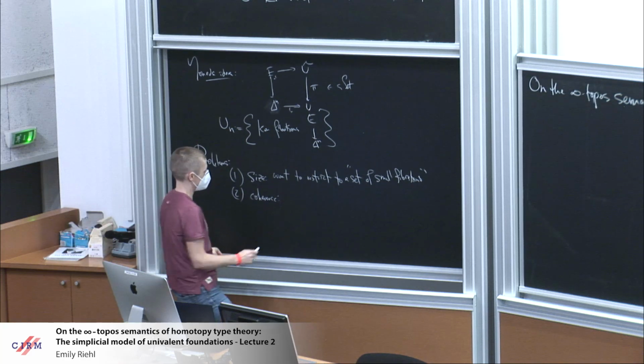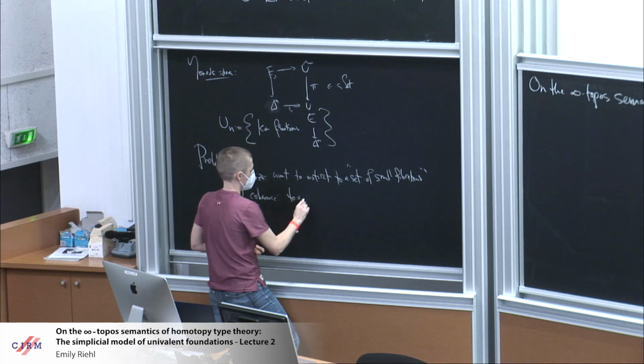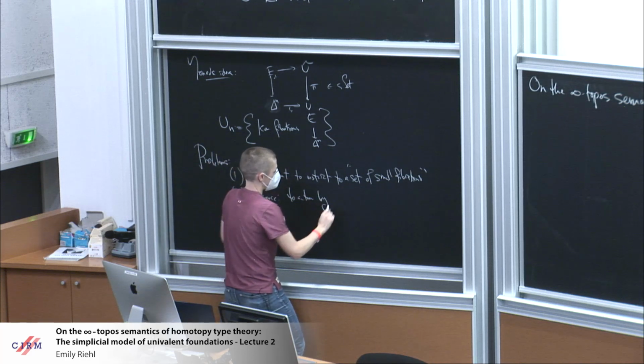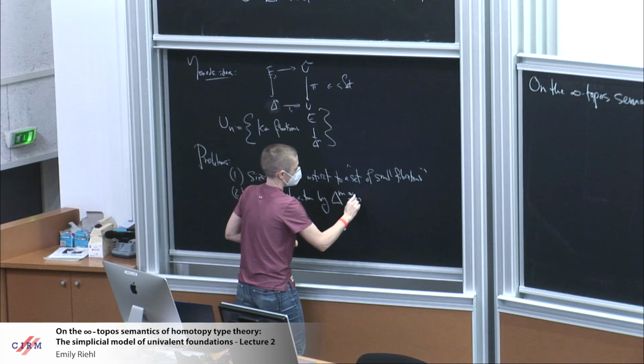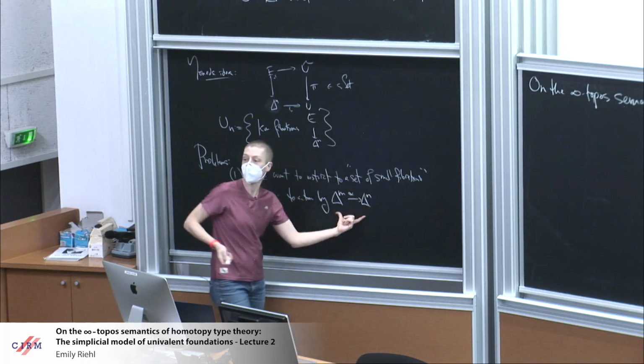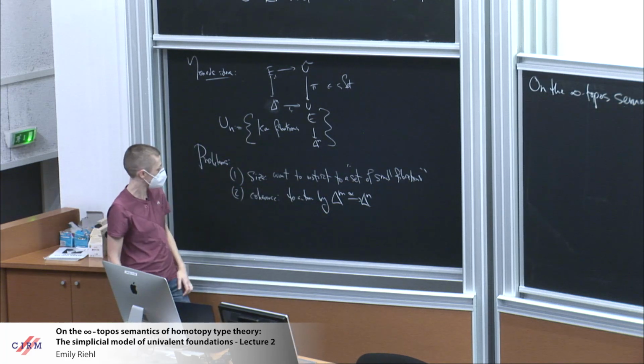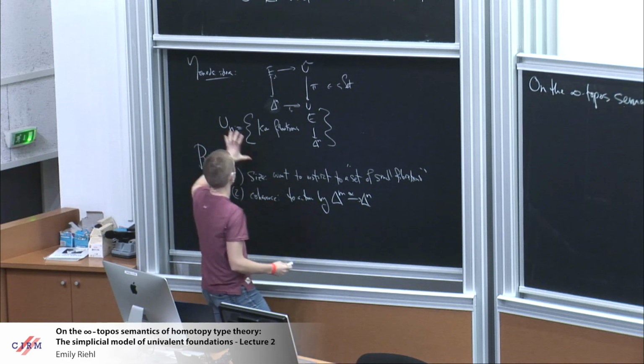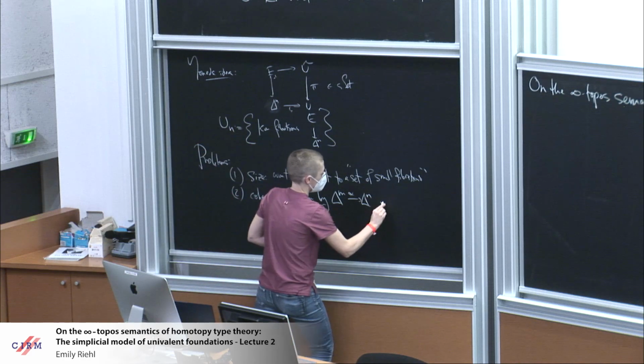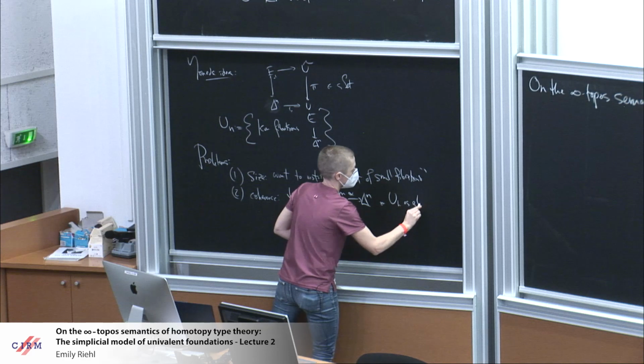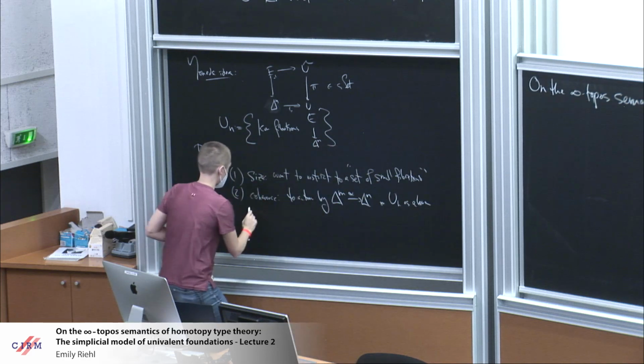So the action by a morphism, so morphisms in the category delta can be thought of, by the Yoneda lemma, as morphisms between the representables. So the action by this on this set U_n is by pullback.